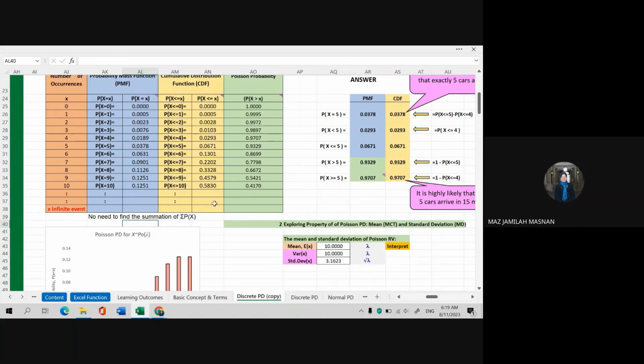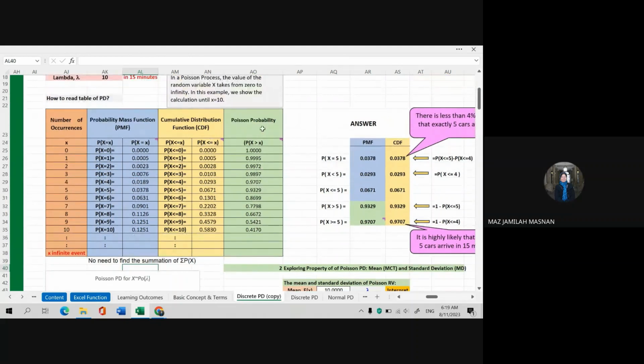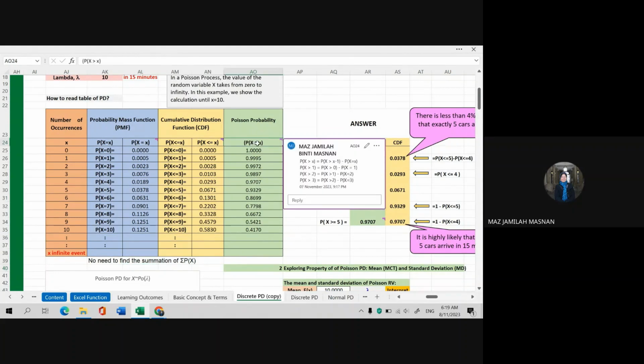Okay, so in this case, let us continue how to find your third column, that will be the probability of Poisson, which is reflecting this particular probability of X greater than certain value of X that you are looking for.